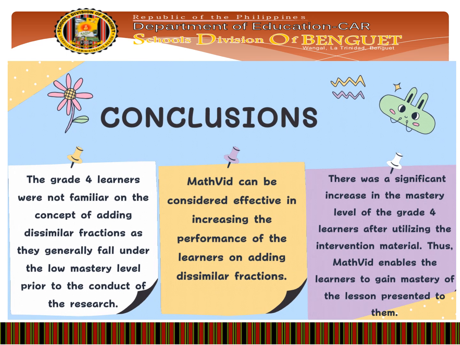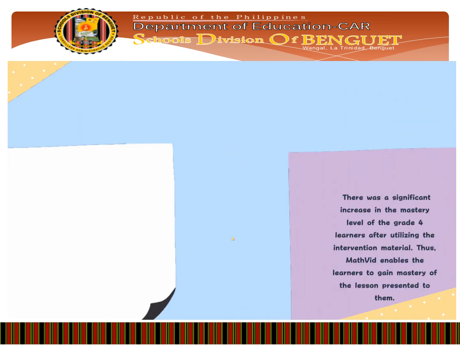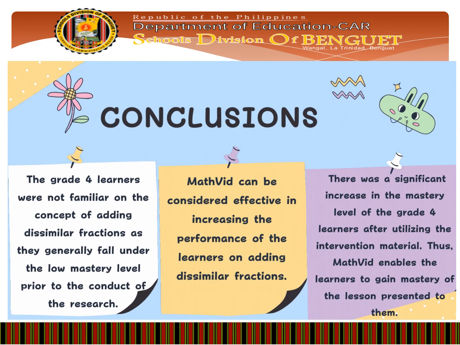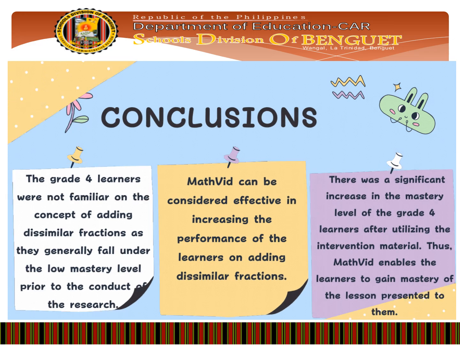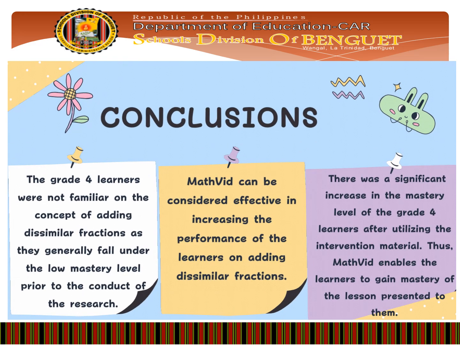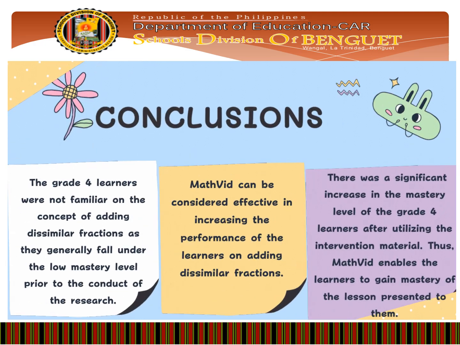In the light of the findings revealed in the study, the following conclusions were drawn. The grade 4 learners were not familiar with the concept of adding dissimilar fractions as they generally fall under the low mastery level prior to the conduct of the research.